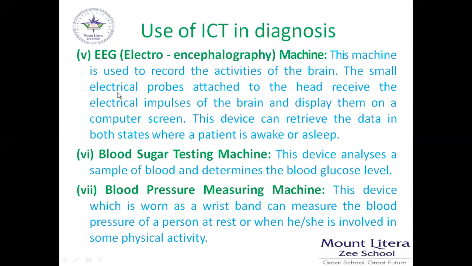Small electrical probes are attached to the head, which receive the electrical impulses of the brain and display them on the computer screen. Electrical probes actually measure the electron temperature and random electron currents in the plasma. And you know, plasma is the liquid part of blood which makes up half of the volume of the blood in the body.